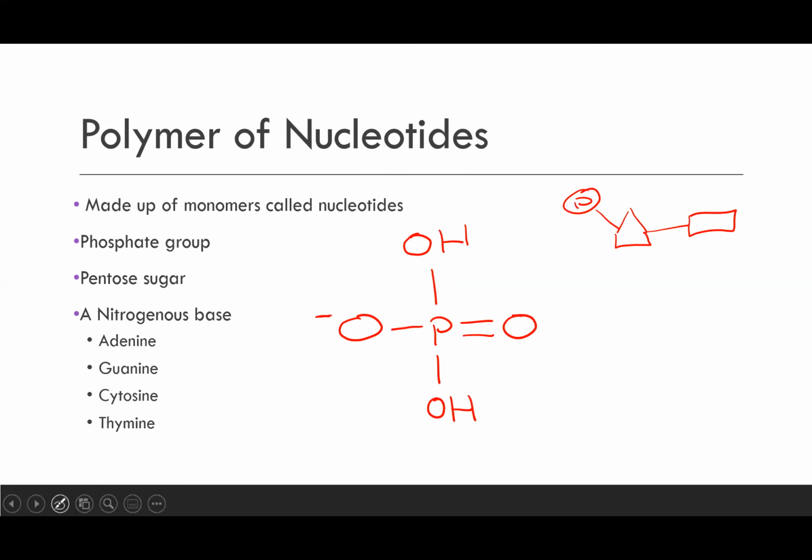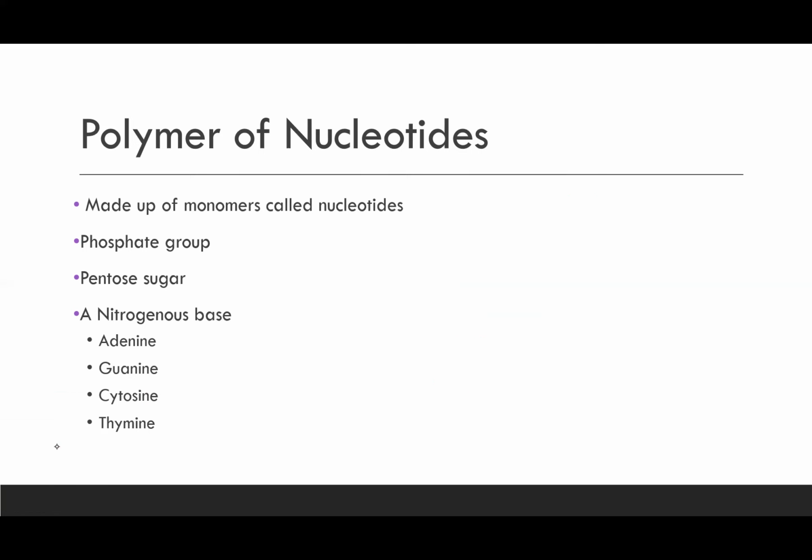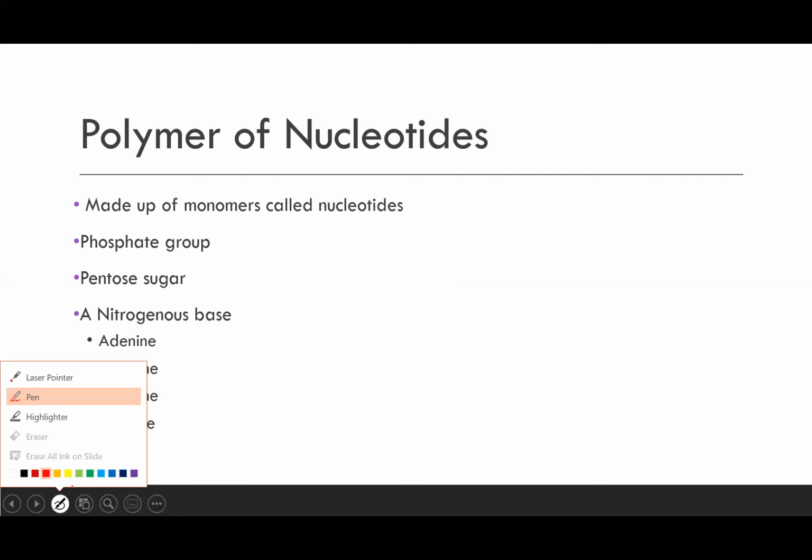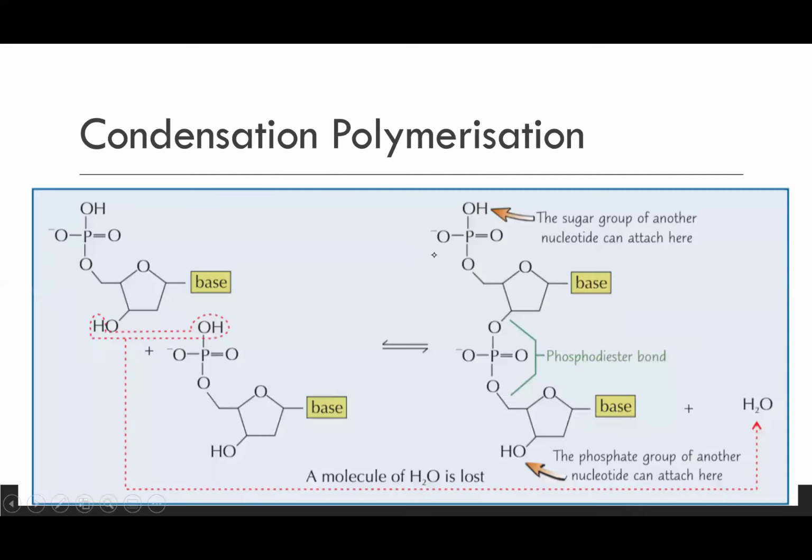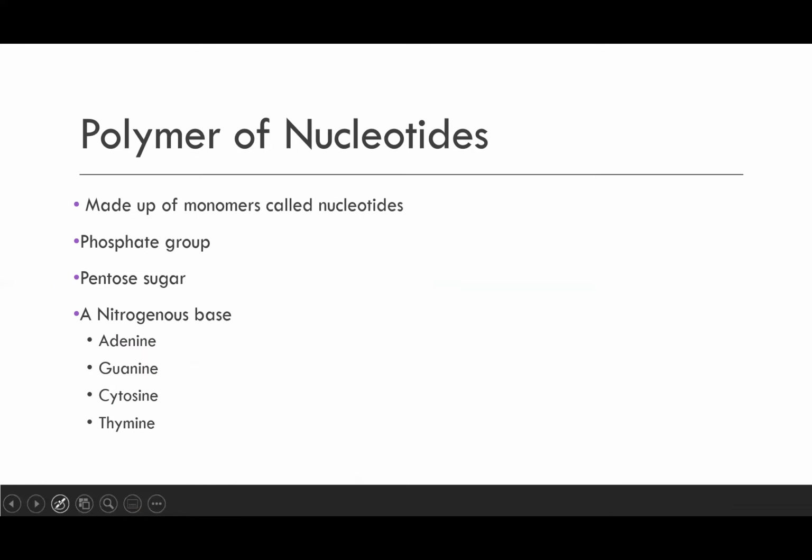You also have a pentose sugar. So I'll show you the pentose sugar now. Pentose sugar looks like this. Obviously, it's in a pentagon shape. So we've got our oxygen.